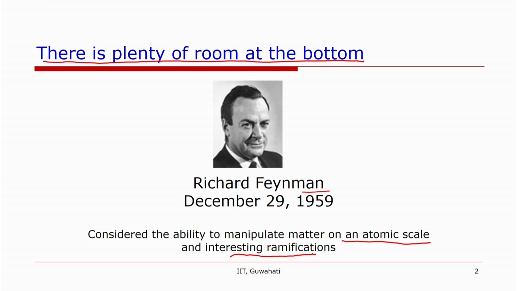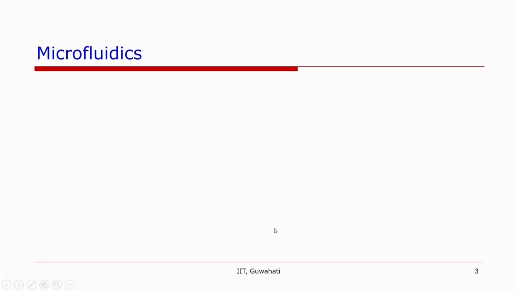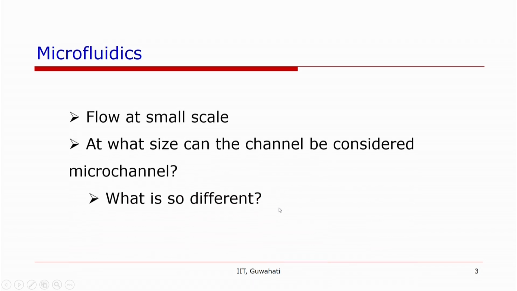So, I would suggest you look at the lecture and understand the ramifications that he described about 60 years ago, without any real development in the field of microtechnology and nanotechnology. Okay. So, in microfluidics, what we are looking at is flow at small scales.